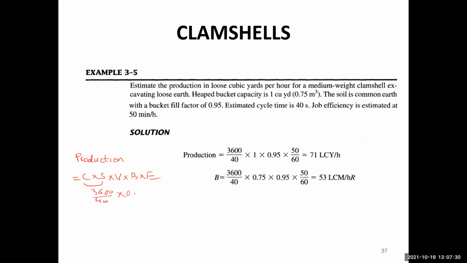V, the volume of the bucket, is 0.75, and B is the bucket fill factor, which is 0.95, and the job efficiency is 50 by 60, that means 50 minutes of work in 60 minutes. So multiply everything together, and we get the volume as 53 loose cubic meters per hour. So in this case, the production of the machine can be calculated.